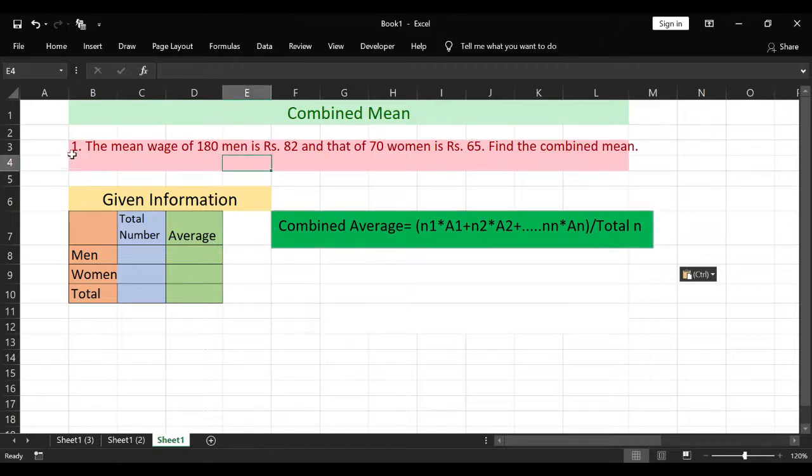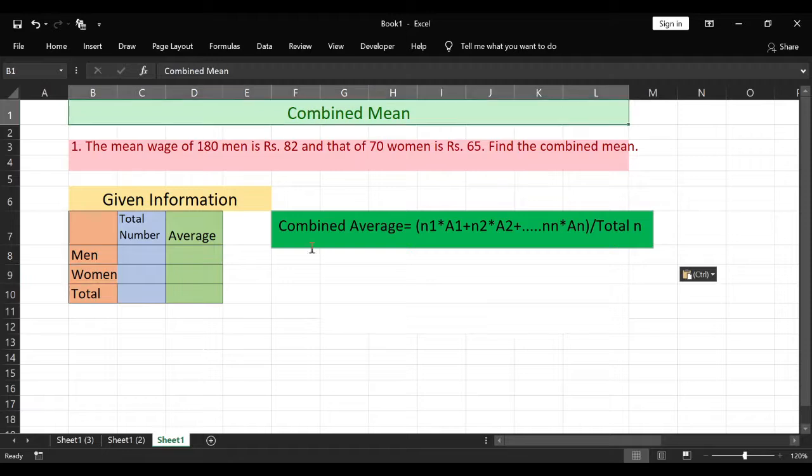Let us see this with an example. The mean wage of 180 men is rupees 82 and that of 70 women is 65. Find the combined mean. Here they have given two groups of information, men and women, so we apply the combined mean formula.